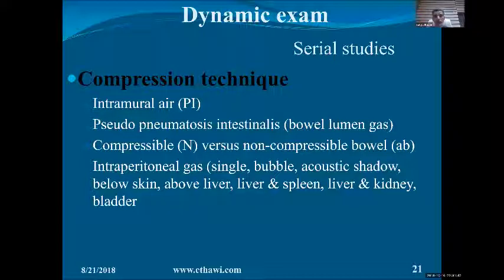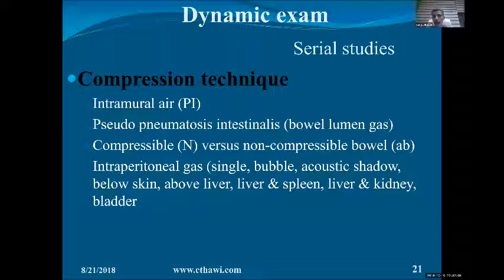Intraperitoneal gas, you will see either as a single hyperechoic dot, or you'll see bubbling, or you'll see acoustic shadow. Because remember, if the gas in the lumen or in the peritoneum is not limited by a wall, then you will see a shadow, what we call acoustic shadow.